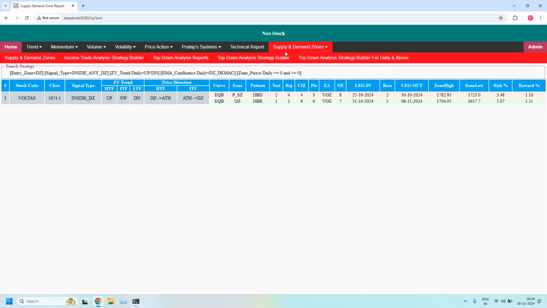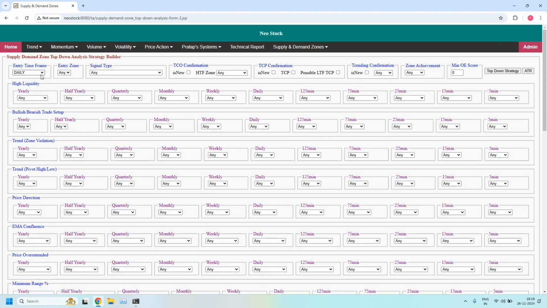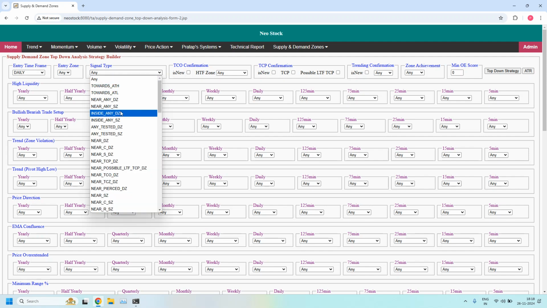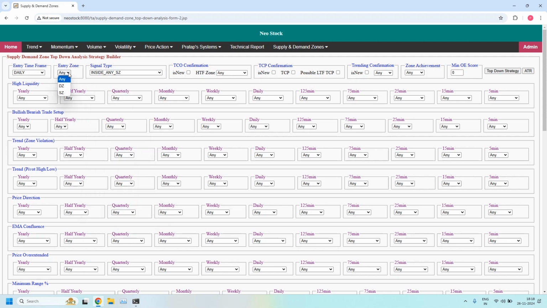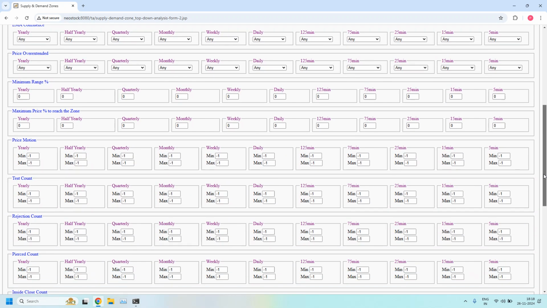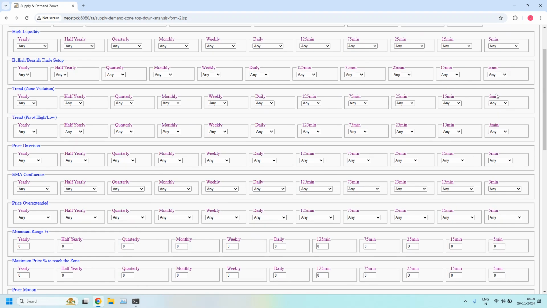Okay, next, daily time frame, price closed inside the daily supply zone, and these daily supply zones should not be pierced. So in the pierced count at the daily time frame, minimum value 0, maximum value 0.